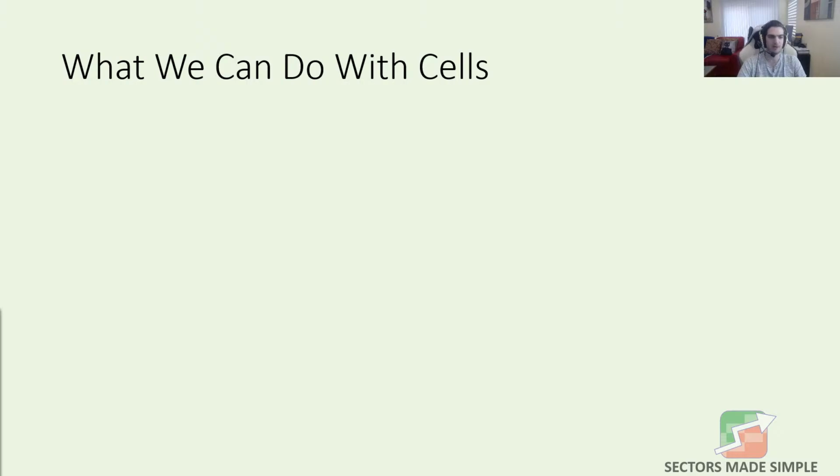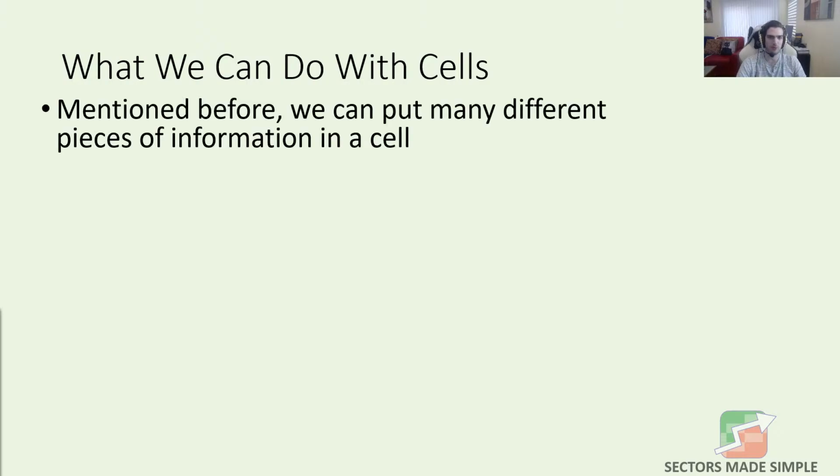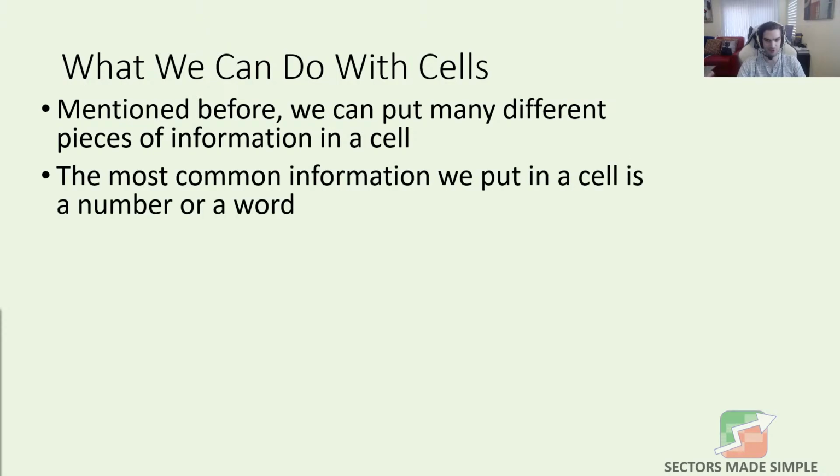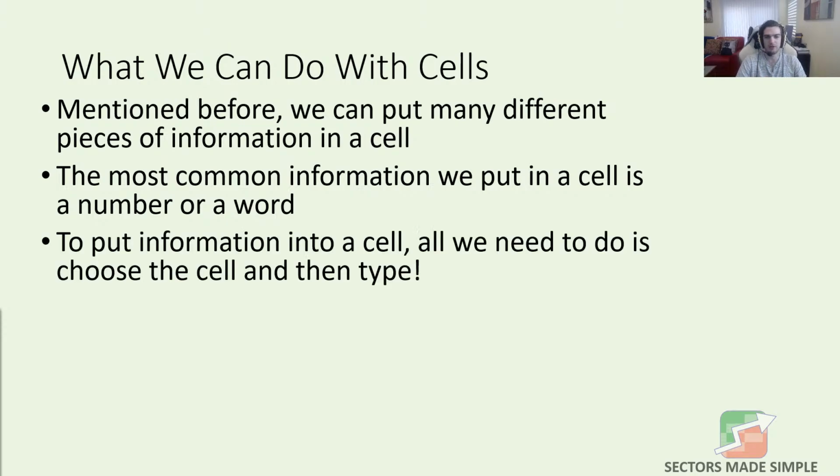And that's not it. As I mentioned before, we can put more than just numbers into a cell, where yes, the most common thing that we'll put in is a number or a word, but we can do a lot more than that. So today I want to talk about what some of those are. But no matter what, it doesn't matter if you're writing a complicated formula or just writing your name, you need to know how to put information into a cell, and it's simple.